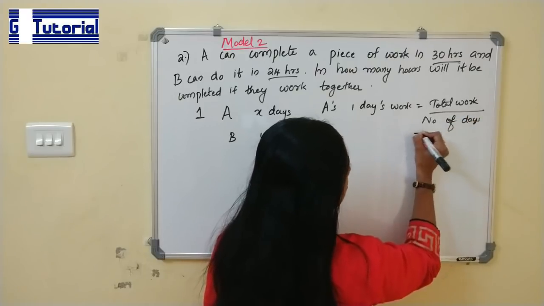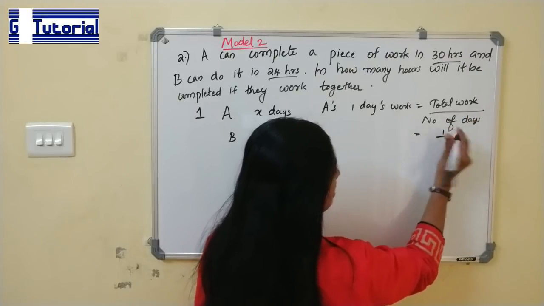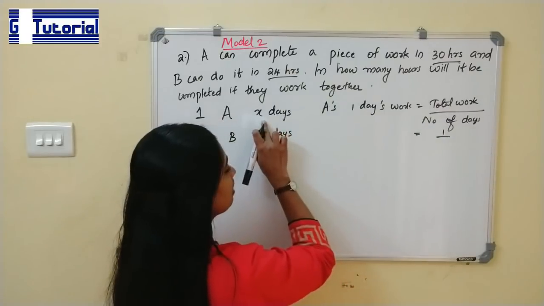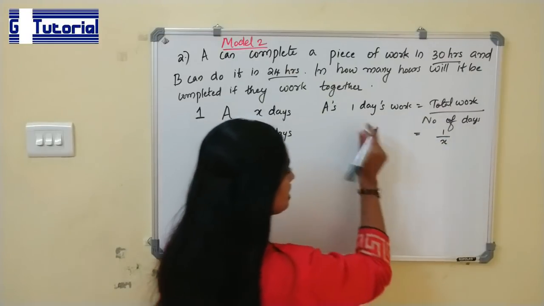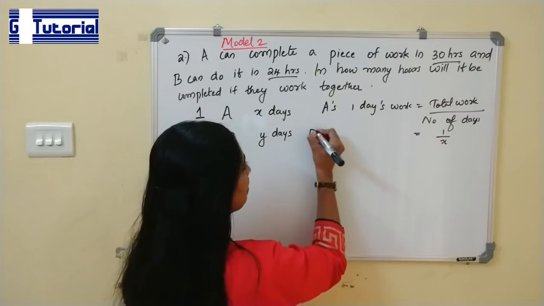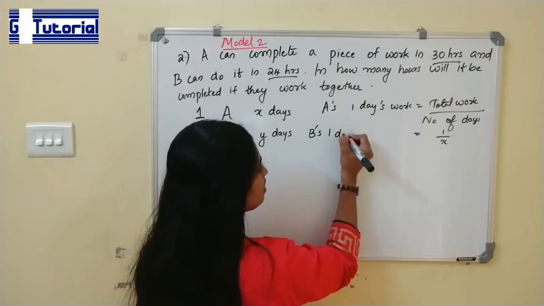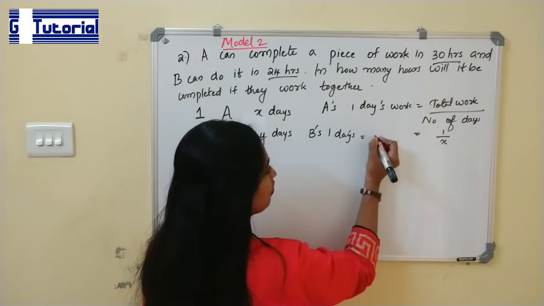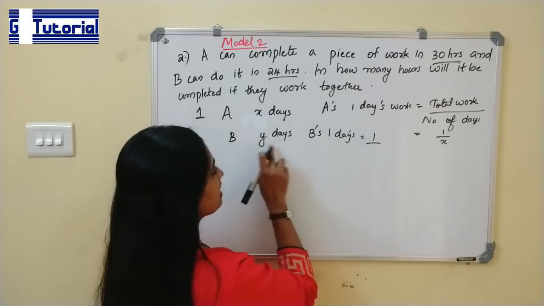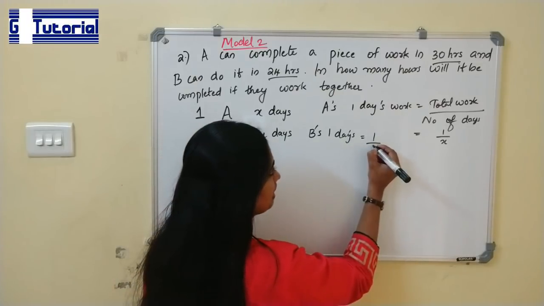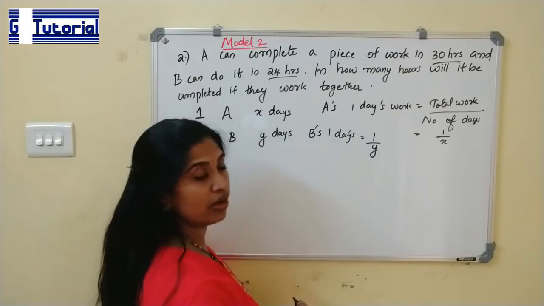Total work is 1 and the number of days required by A is X. So A's 1 day's work is 1 by X. Similarly, B's 1 day's work: total work is 1 and B takes Y days to complete it. So B's 1 day's work is 1 by Y.